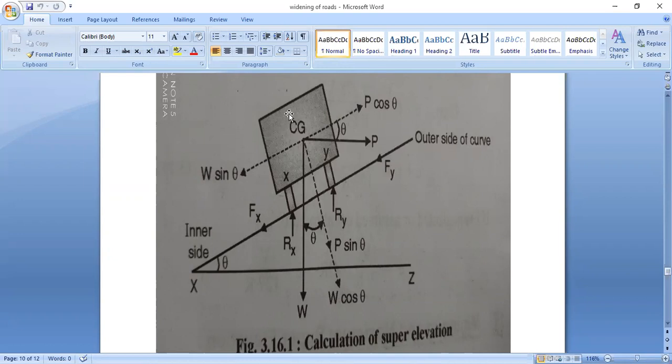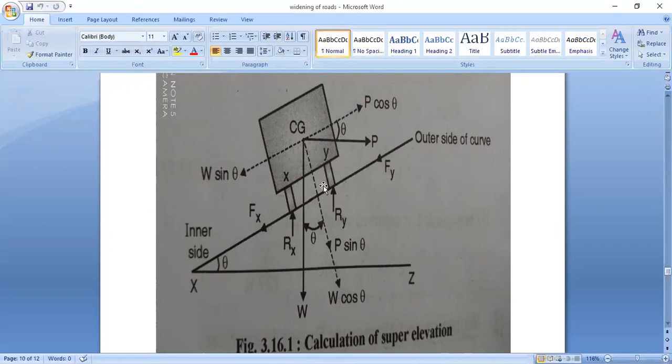Then W is the weight of the vehicle acting vertically downward from the center of gravity. Then the third force is the friction developed between the wheel and the pavement, that is F.